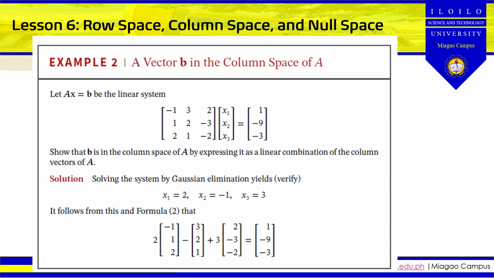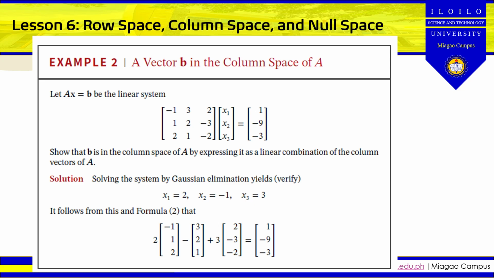To show this, you need to use Gaussian elimination, which you could also try to verify, wherein you could arrive at the following solution: x sub 1 equals 2, x sub 2 equals negative 1, x sub 3 equals 3.